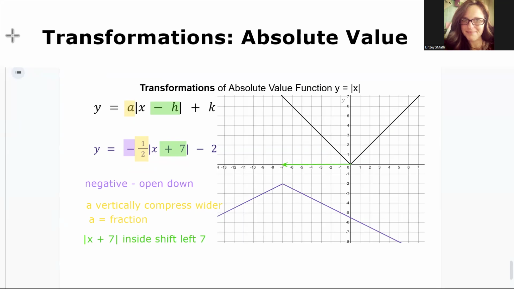And finally, our vertical shift, plus k. We've got minus 2 on the outside of our absolute value symbol. So we will shift down 2.